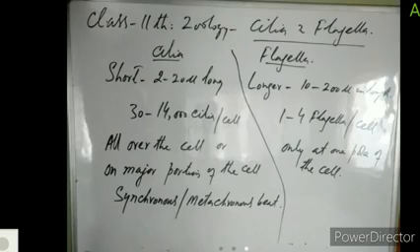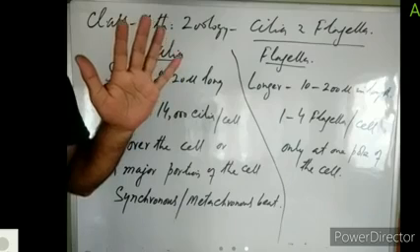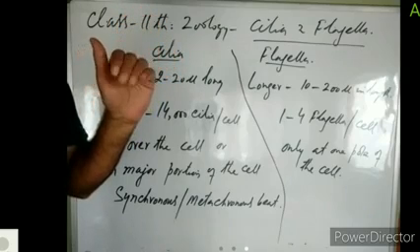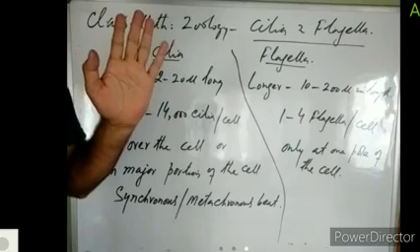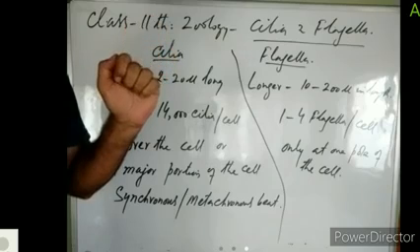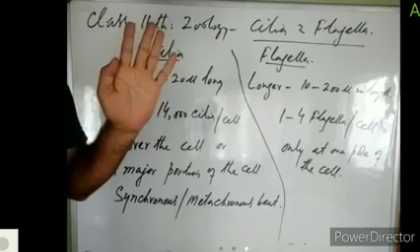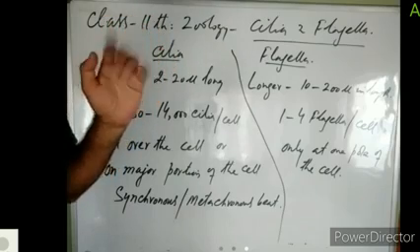When all the cilia of a row beat together, that movement is known as a synchronous beat. Suppose these are the cilia of a single row, right? If all the cilia beat together, this beating is known as a synchronous beat.